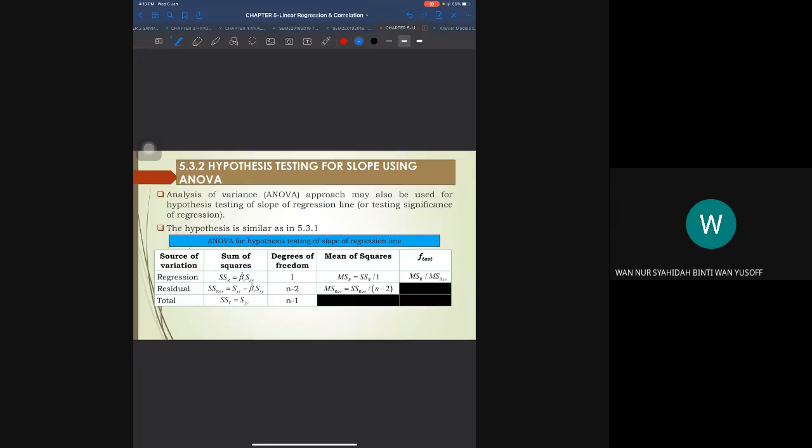So, the hypothesis testing for the slope using ANOVA. As I said, similar idea as the one-way ANOVA. But the difference is the sum square value and also mean square value can be negative.